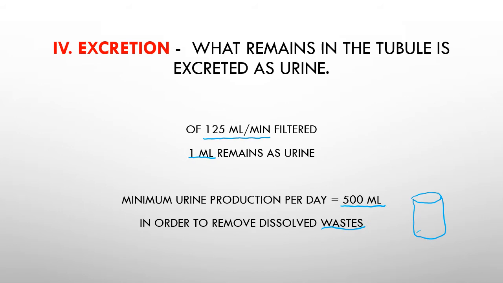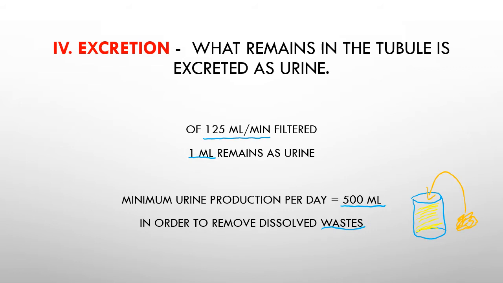As it's filled with urine, we're still going to need 500 milliliters in order to get all of the dissolved solutes inside there. So of the solutes, we still need that 500 milliliters a day.